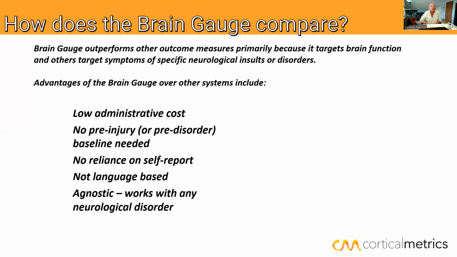A lot of these other outcome measures are, we'll say, neurological insult or neurological disorder specific. In other words, it'll be a questionnaire for pain, or a symptom score for concussion. Concussion is a great example because we've outperformed a lot of concussion measures, but those are all targeted towards concussion.